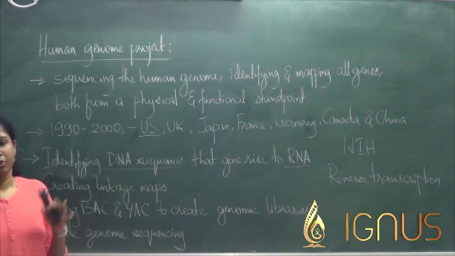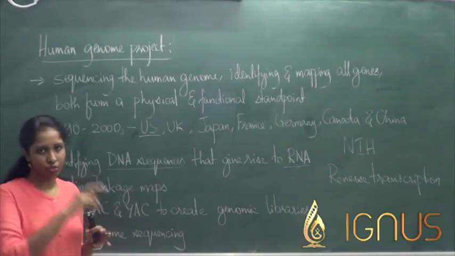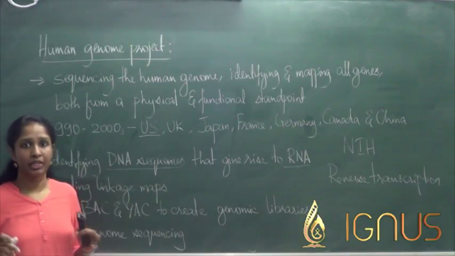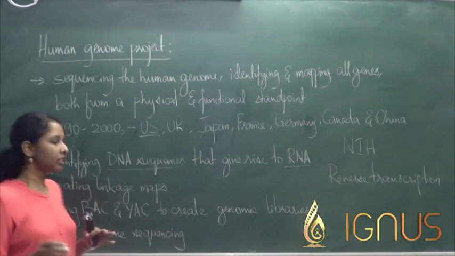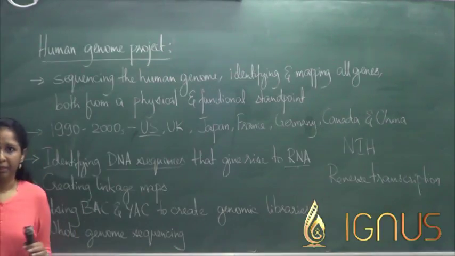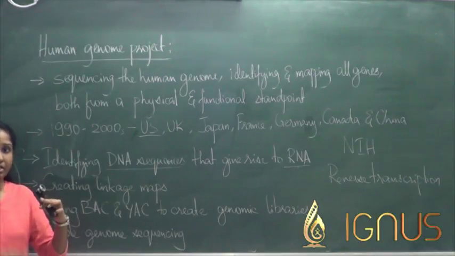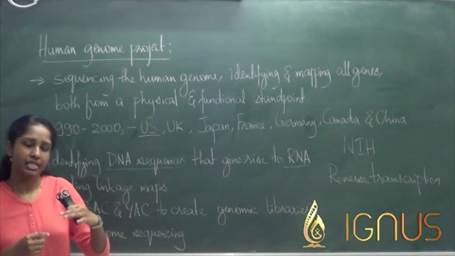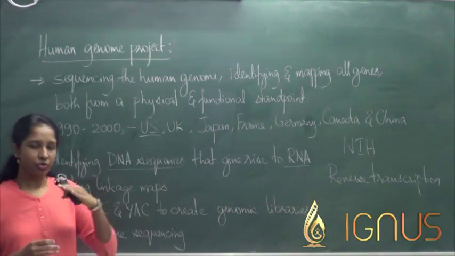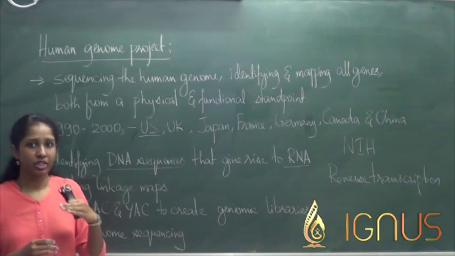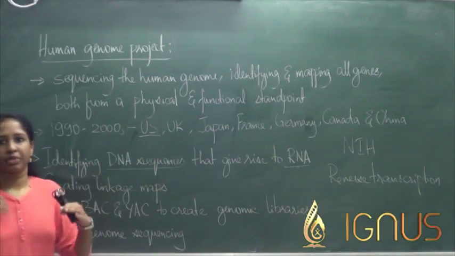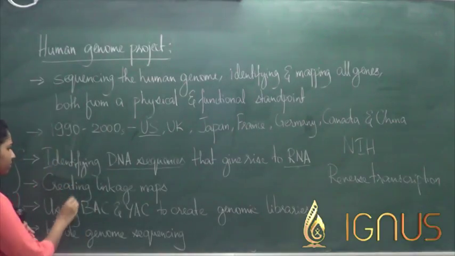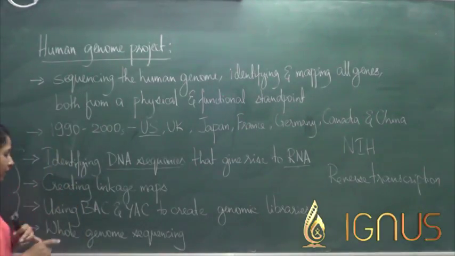So in meiosis, during prophase 1 of meiosis 1, there is going to be recombination between the chromatids, and based on this we can figure out the linkage map, meaning how one gene is linked to another gene, and based on this we can physically figure out where that gene is on a chromosome. So where exactly is it present, what is its physical location, that can be figured out, and that is something that I've already spoken about in detail, so refer back to that. So that is how linkage maps were created.